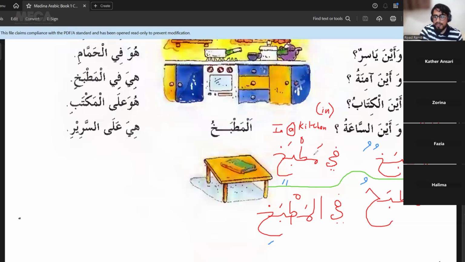Right. Now the second section has alif lam at the beginning, so it's talking about the kitchen. Al-matbakhu, the kitchen.